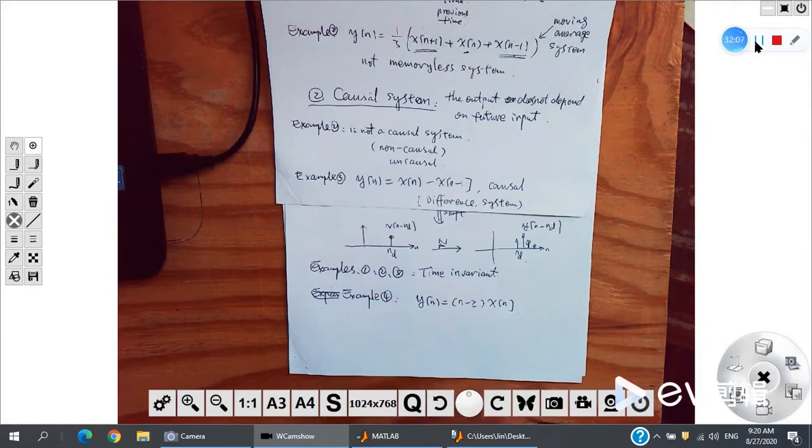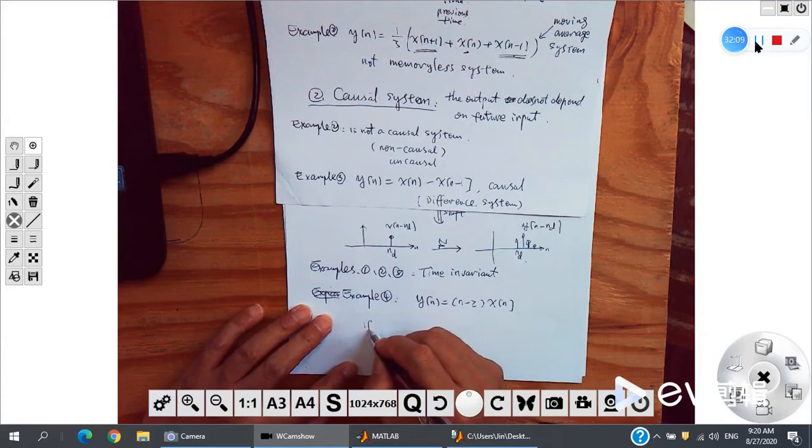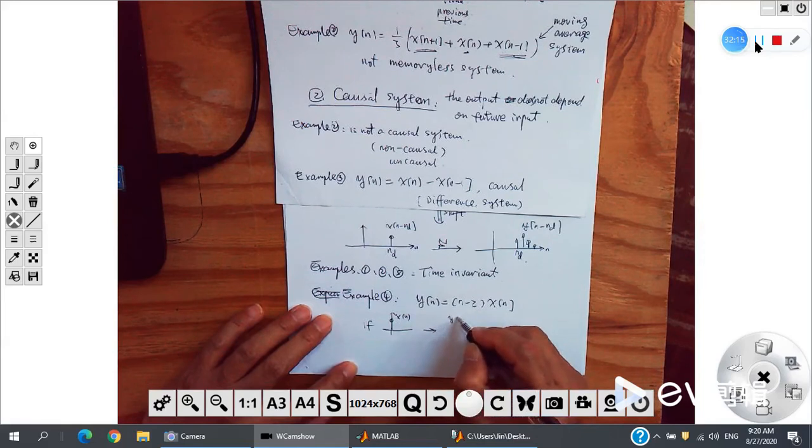Right? Like if this is the input, this is x of n, the y of n will be n minus 2 times x. So this n is 0, right? So times -2. This is y of n, right?